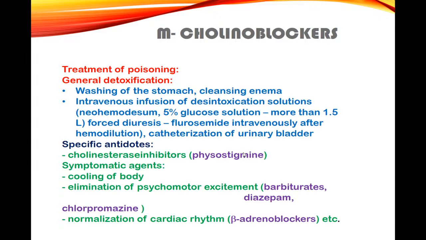They cause inhibition of cholinesterase and accumulation of acetylcholine, and more acetylcholine promotes shortening of the influence of atropine. The rest are symptomatic measures.